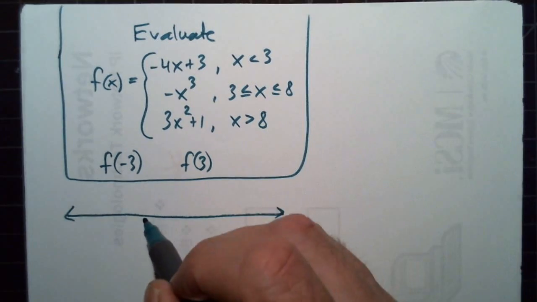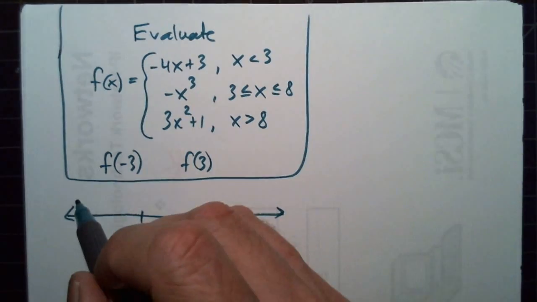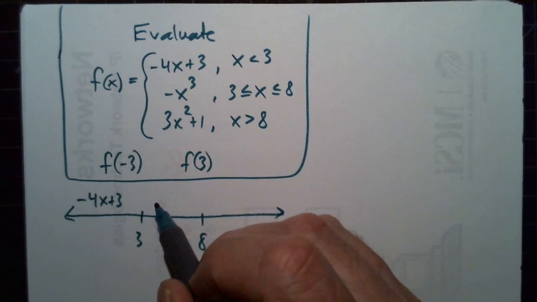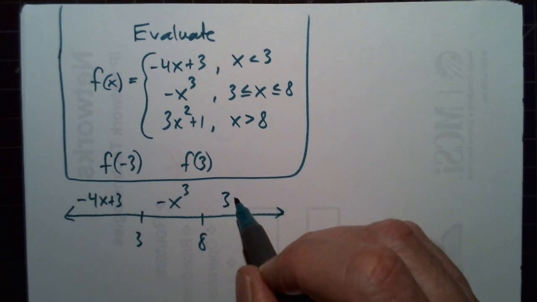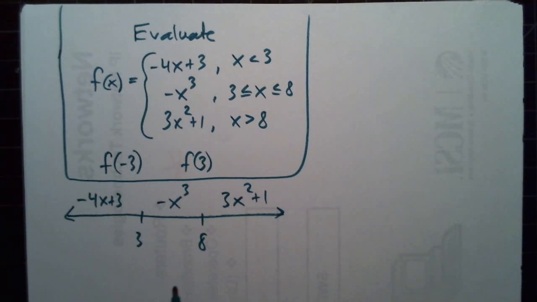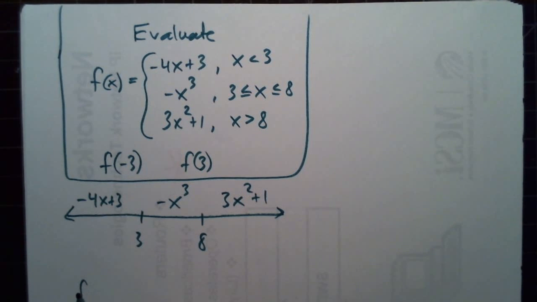To the left of 3, to the right of 8. To the left of 3, we're going to use this. Between 3 and 8, we're going to use this. To the right of 8, we're going to use this. And then we just have to see where on the number line is this x value.